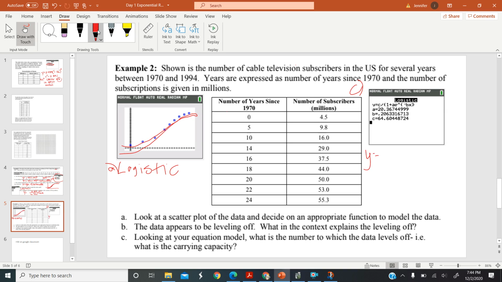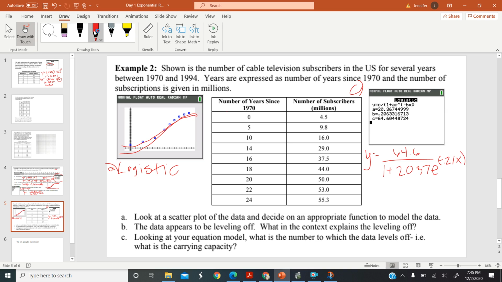So we have y equals our numerator, which is C, so that says 64.6 over 1 plus A, which is 20.37, times E raised to the negative B, which is 0.21 basically, times X. So that would be our equation.